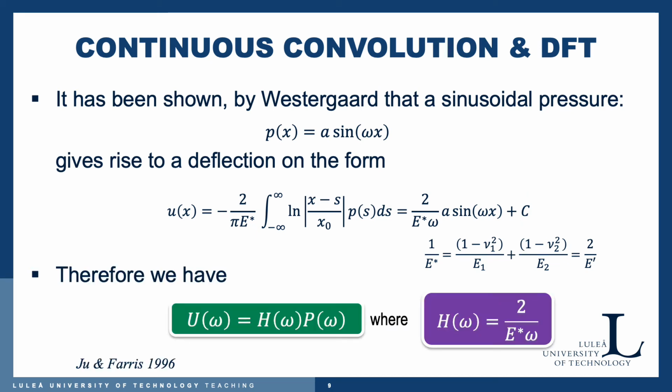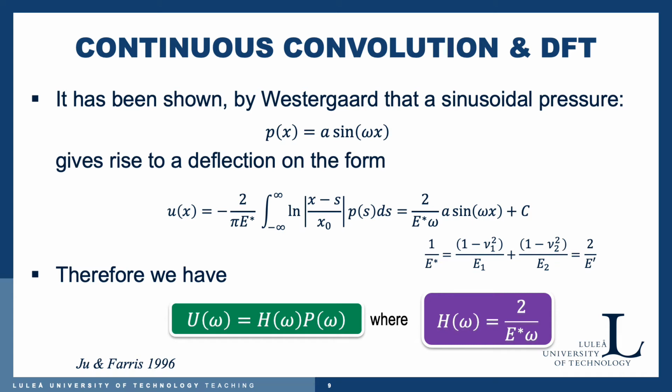So because of this, we now know that the transfer function H of omega must just be 2 over E star omega. We can read this directly from the closed form result of the deformation.